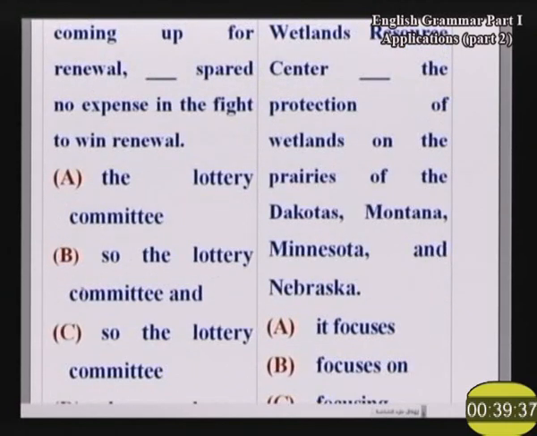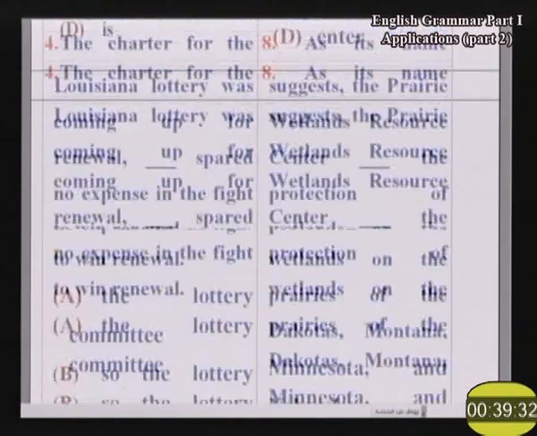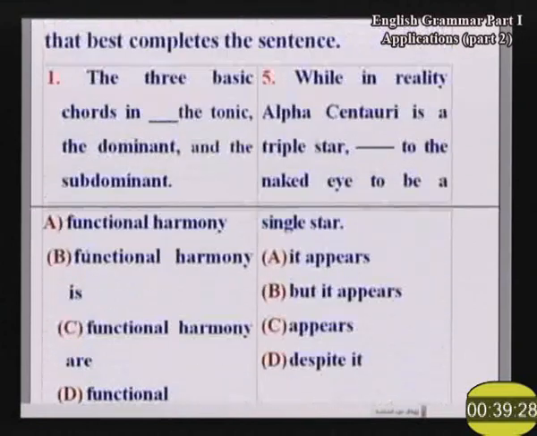يبقى هي number C. Let's look at number 5. While in reality, Alpha Centauri is a triple star, أنا عندي أهو الconnector و Alpha Centauri subject و verb to the naked eye to be a single star. لكن لا عندي هنا subject ولا verb.